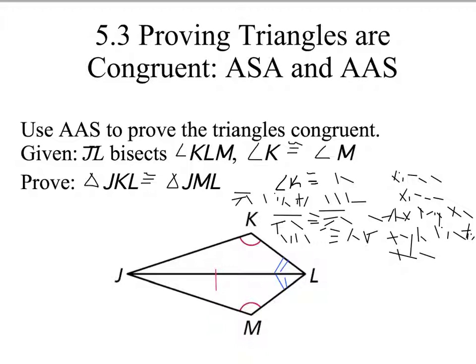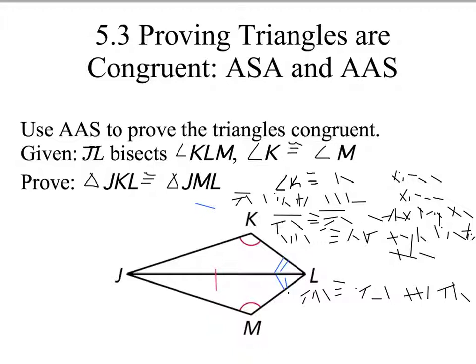We were given that second piece, which means we can use the angle bisector theorem later on in our two-column proof. Now that we know two angles and a non-included side of each triangle, we can safely say that triangle JKL is congruent to triangle JML because of the angle side theorem. We were just able to prove those two triangles are congruent.